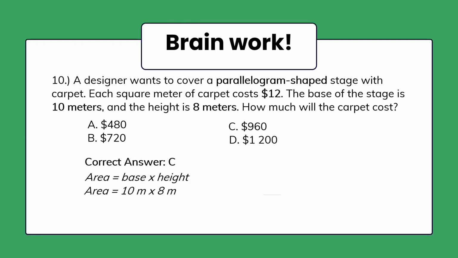So, let's multiply. 10 meters times 8 meters is equal to 80 square meters. Then, to calculate the cost of the carpet, we're going to multiply the area by the cost per square meter. So we have 80 times $12. The cost of the carpet is equal to $960.